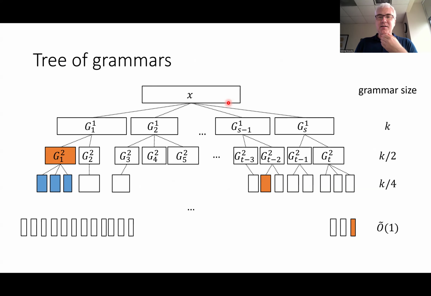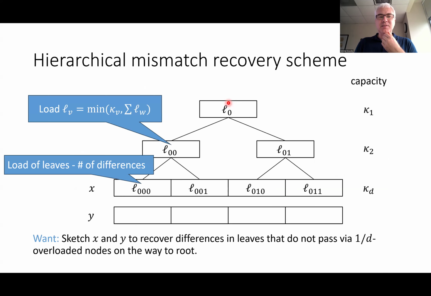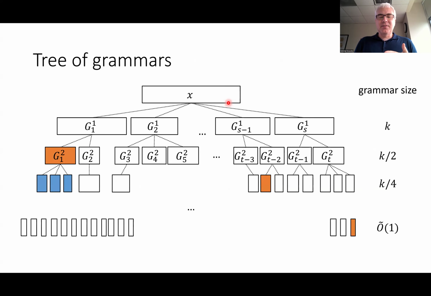You can build these hierarchical mismatch recovery schemes using the standard technique for building Hamming distance sketches. That's very nice, and we think this might be useful in other applications as well. So that's roughly how our sketch proceeds.